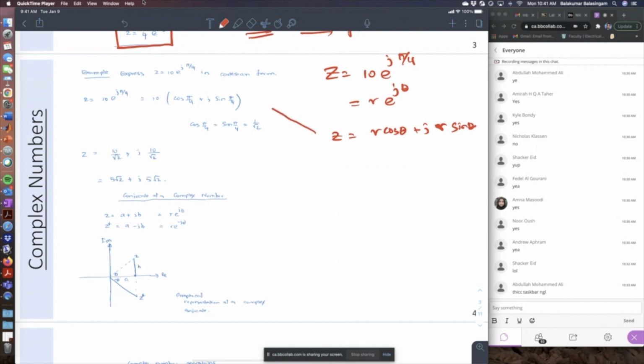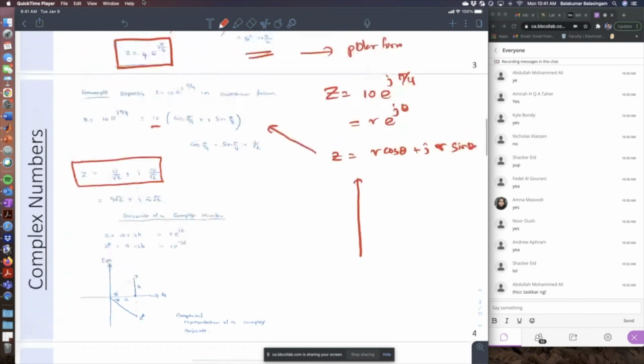R is 10, cos pi by 4, j sine pi by 4. Cos pi by 4 and sine pi by 4 are 1 over square root of 2. So that is 10 over square root of 2 plus j 10 over square root of 2. When you simplify, it is 5 square root of 2 plus j 5 square root of 2. So that is that number.